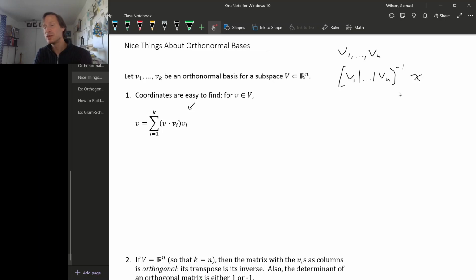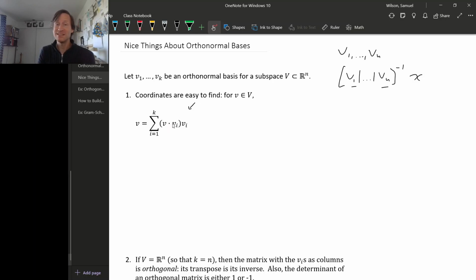And this would tell you the coordinates of x relative to this basis. But this is a lot of work, especially if there are a lot of vectors in your basis. If you're working in a high-dimensional space, finding an inverse matrix is actually a lot of computation.